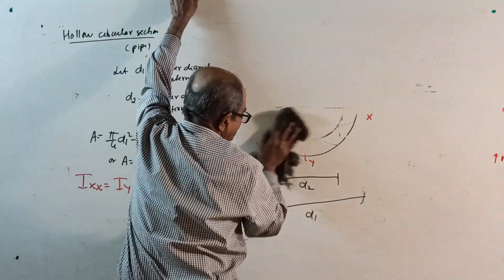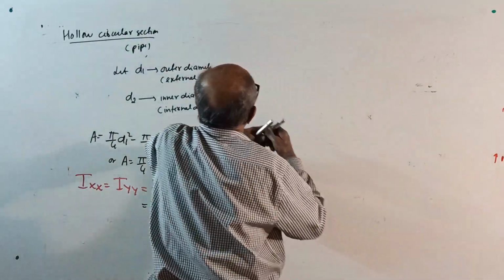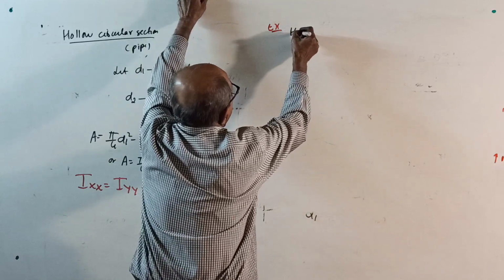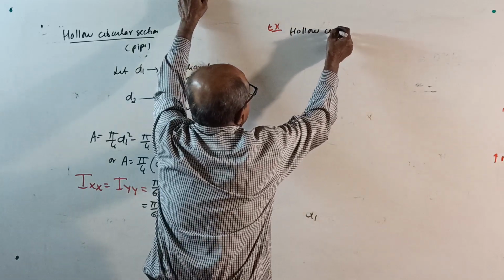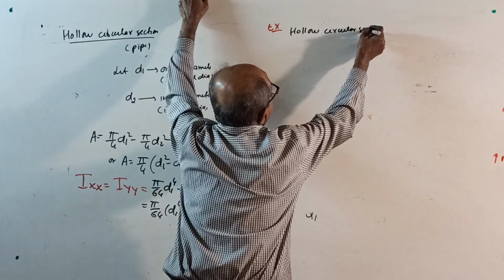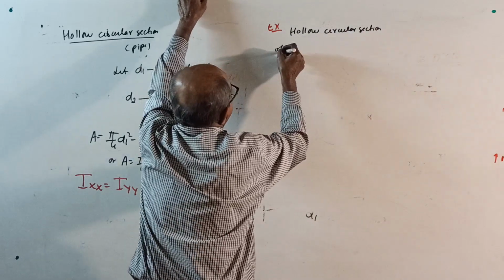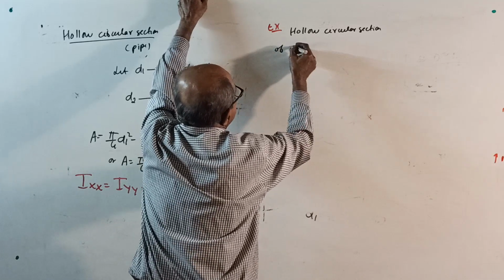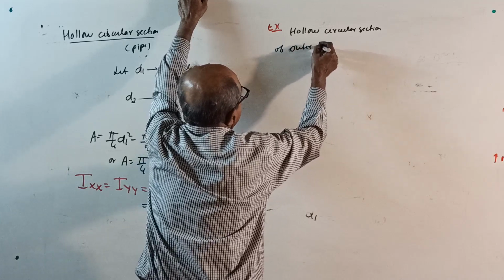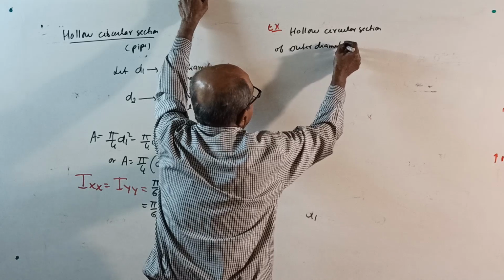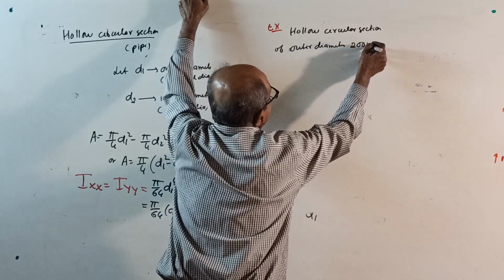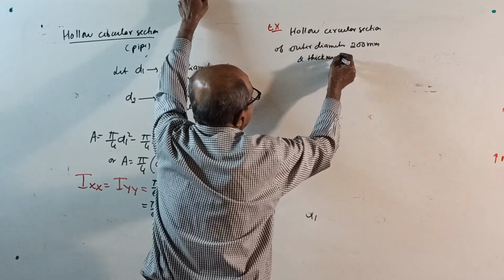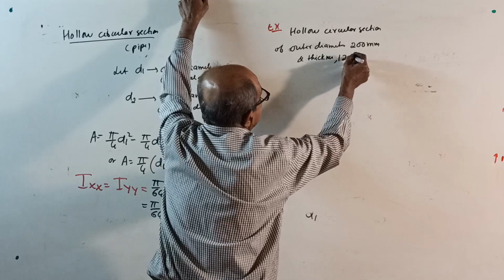One numerical example. See. Example: numerical. Hollow circular section of outer diameter 200 millimeter and thickness 12 millimeter.